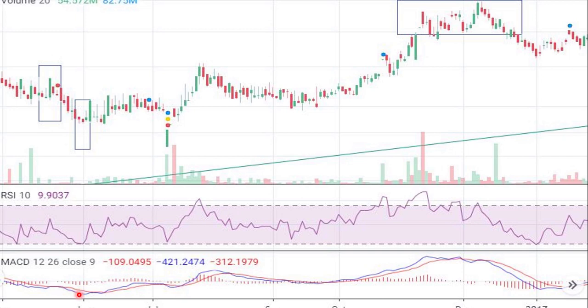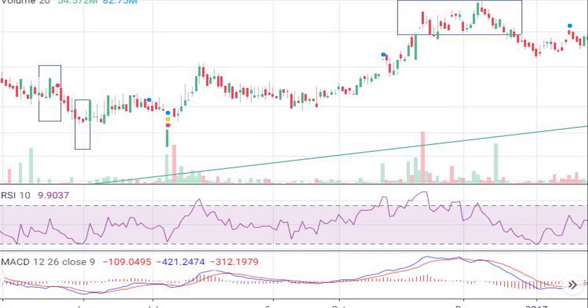The blue line is a faster moving average, and the red line is another moving average, which is a slower moving average.